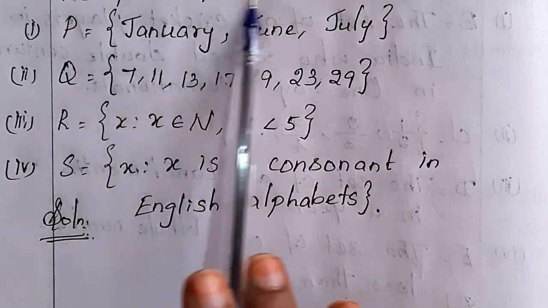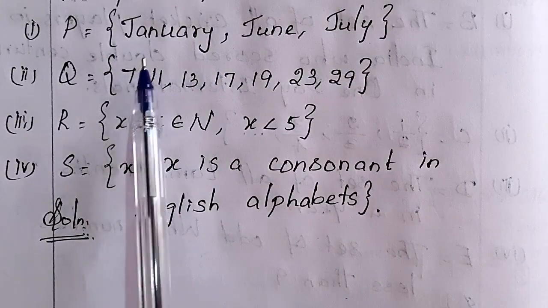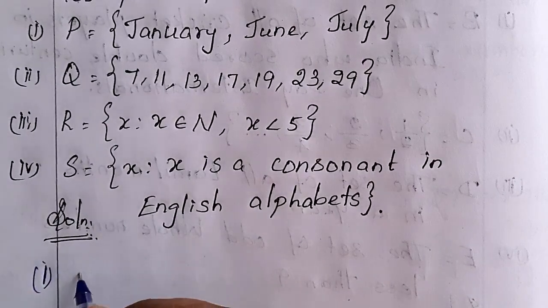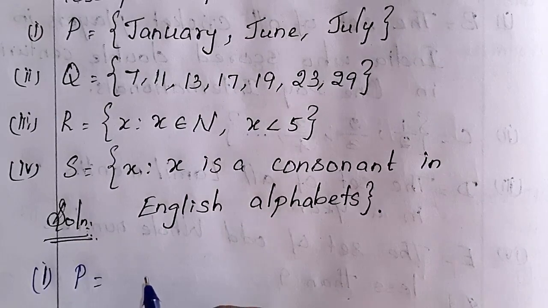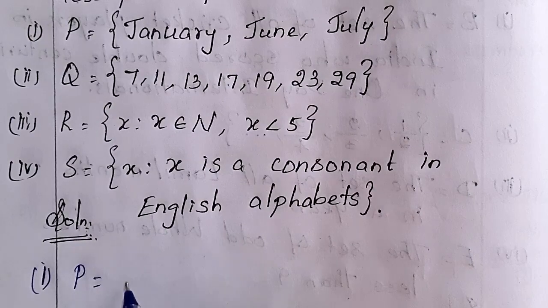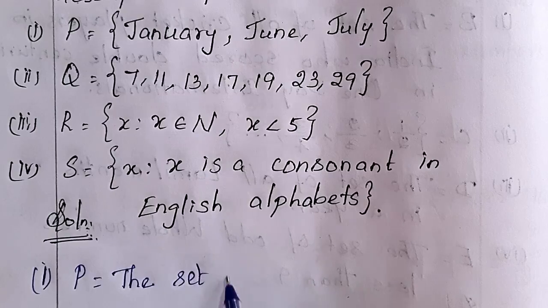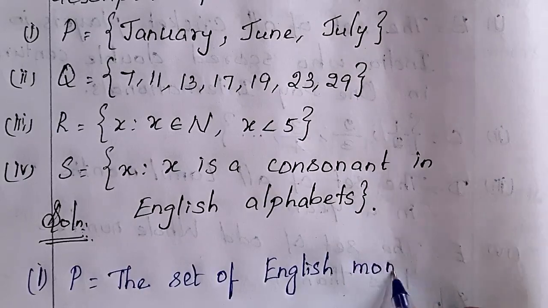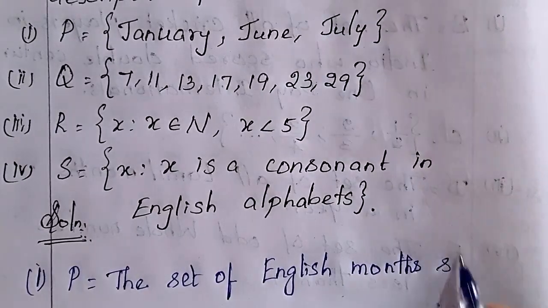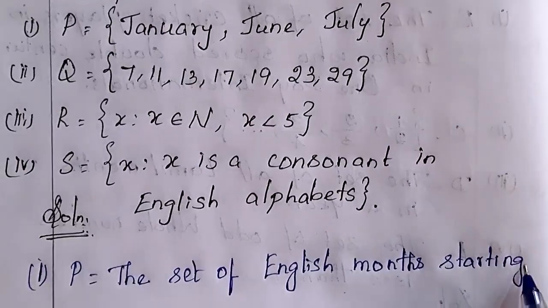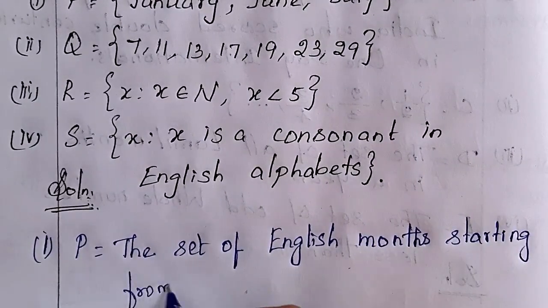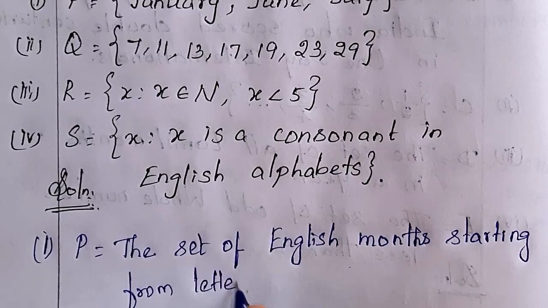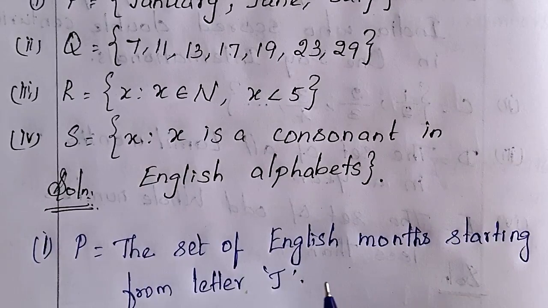No, only these are the 3 English months starting from J. So we can write that P equals the set of English months starting from the letter J. Okay, you can write like this.